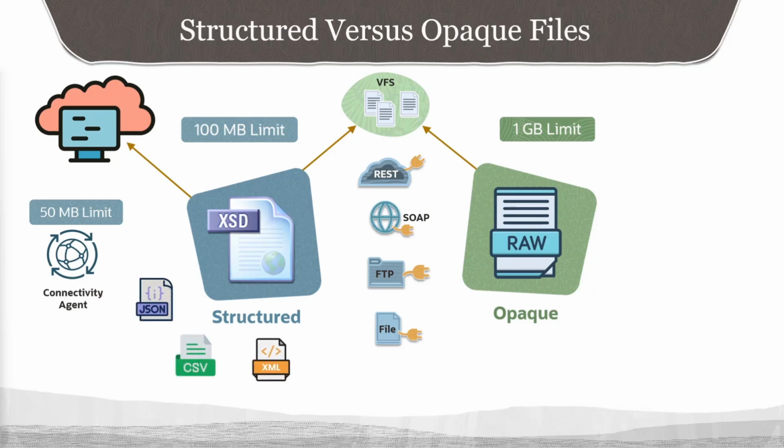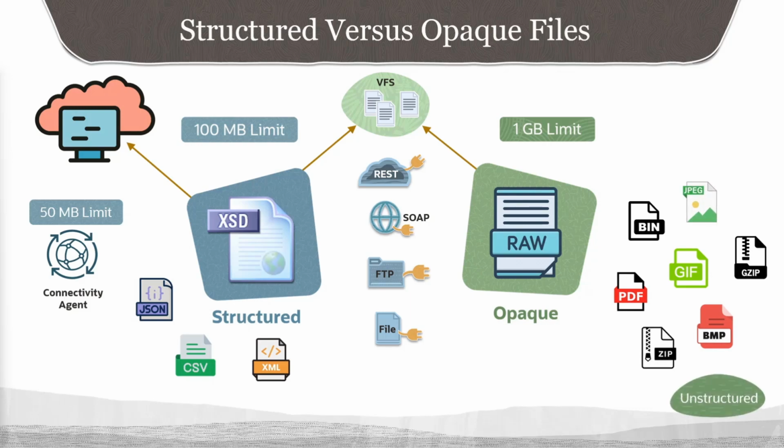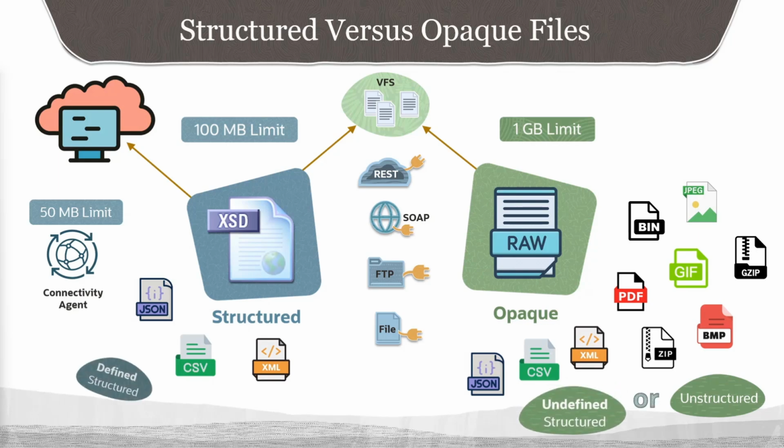The actual structured files themselves are those that have had their contents defined by an XML schema, while opaque files can be unstructured, such as PDFs, image files, or a zip archive, or they could be larger structured files, but the structure has not yet been defined, and that is why we can download or send those files up to 1 gigabyte. In other words, undefined structured would be opaque as opposed to defined structured.